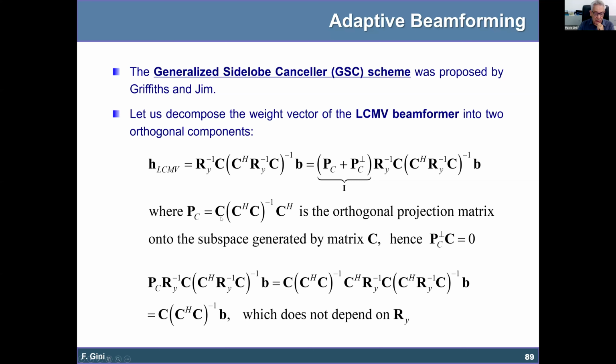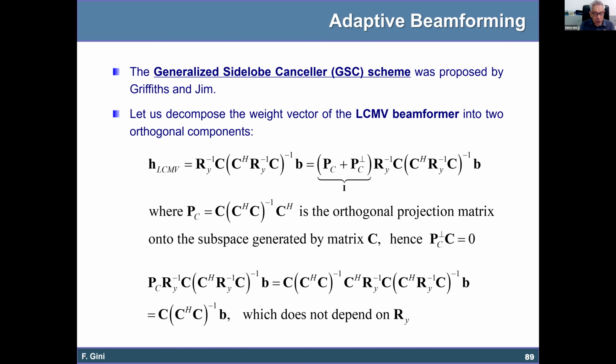So if you remember, if you calculate C multiplied by this matrix, that is the Moore-Penrose pseudo inverse of C, what you get is a projection matrix. So when you multiply a vector by the projection matrix PC, what you obtain is the orthogonal projection of this vector onto the subspace generated by the columns of C. So it's the set of all vectors that can be expressed as a linear combination of the columns of C.